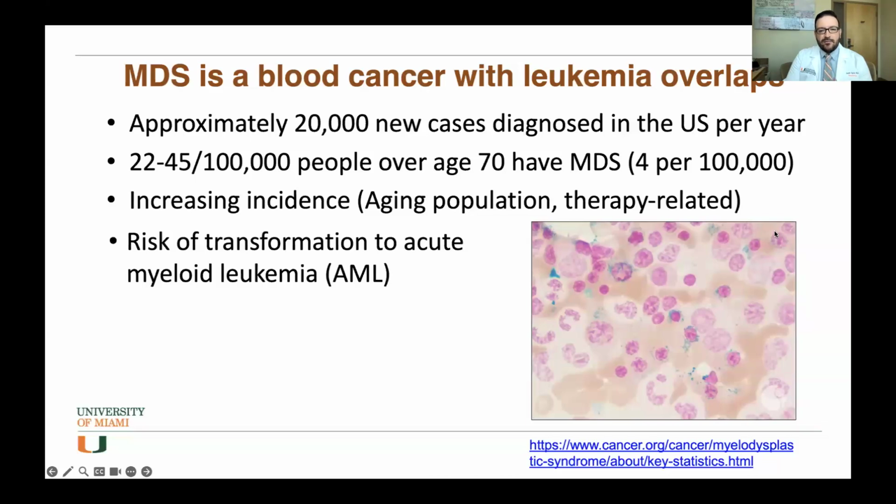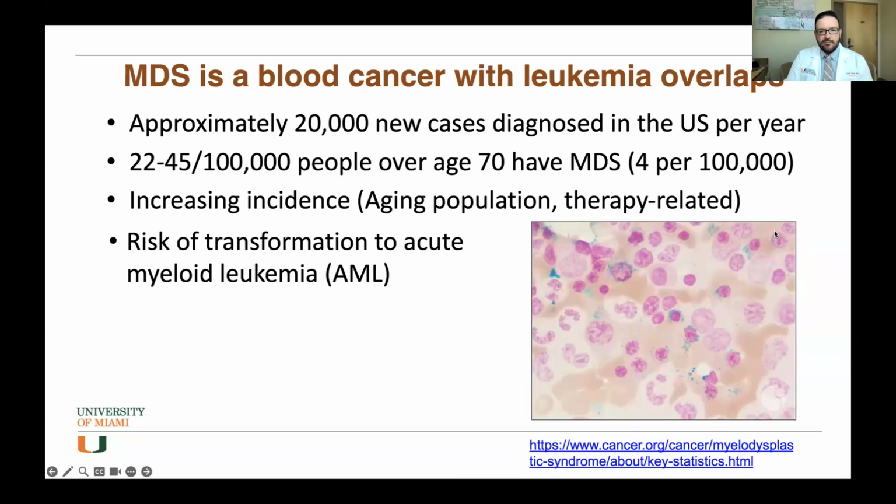That being said, as you get older, MDS becomes more and more prevalent. This estimate from the National Institutes of Health is that once you're over the age of 70, about 22 to 45 per 100,000 people have MDS. Again, it's a range, we don't know exactly. So it does become more common as you get older, but in the overall population it would be considered rare at 4 per 100,000.